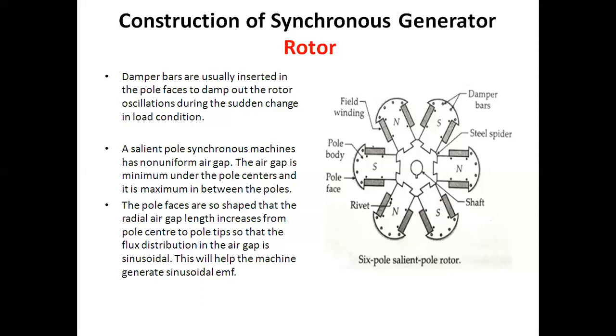The pole faces are shaped so that the radial air gap length increases from pole center to pole tips, so that the flux distribution in the air gap is sinusoidal in nature.